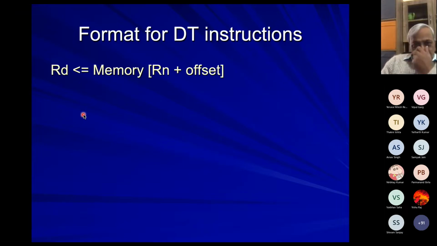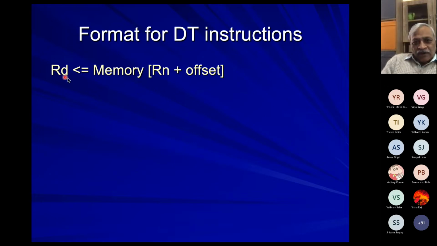Okay, the next category is the DT group of instructions. DT stands for data transfer, and this includes load and store. So you want to move data from somewhere in the memory to a register.